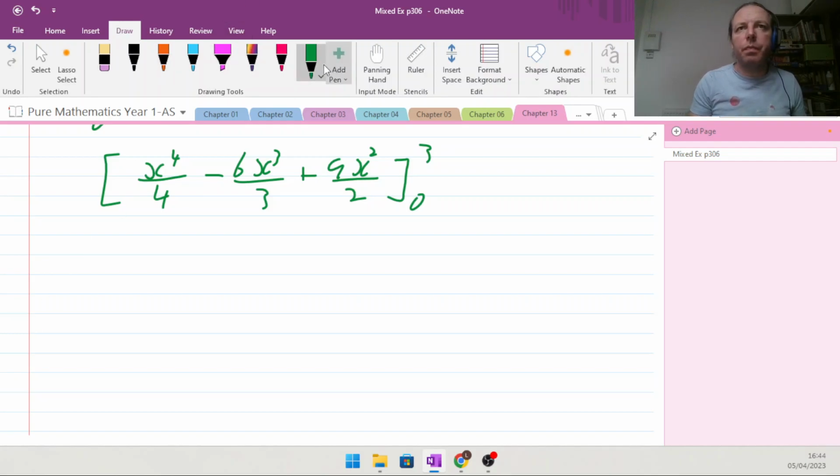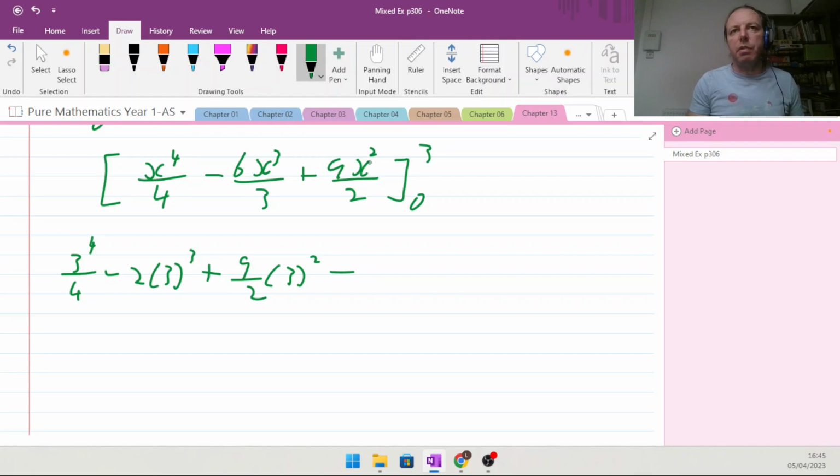So we have got 3 to the power of 4 over 4, minus, what's that going to become, 2 times 3 to the power of 3, plus 9 over 2 times 3 squared. Take away 0 on all of them, since that's a 0, that's a 0, that's a 0.